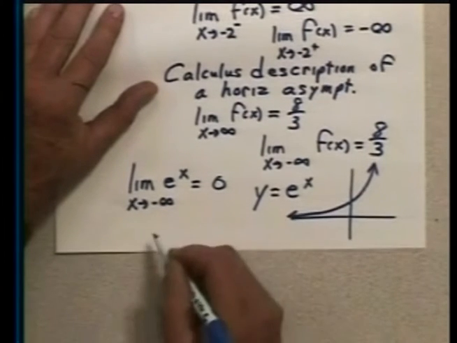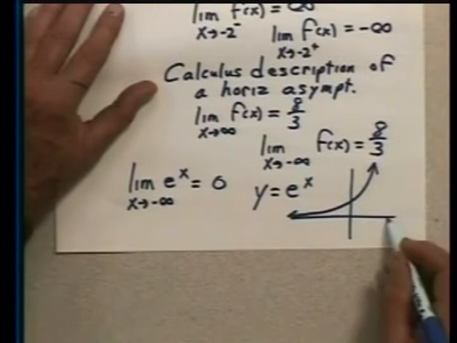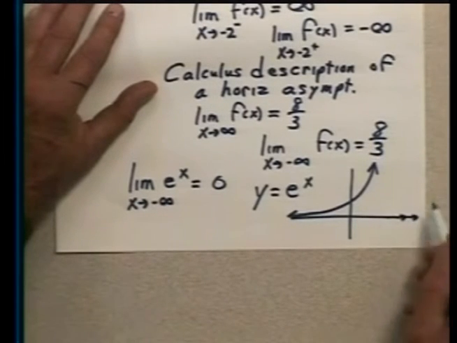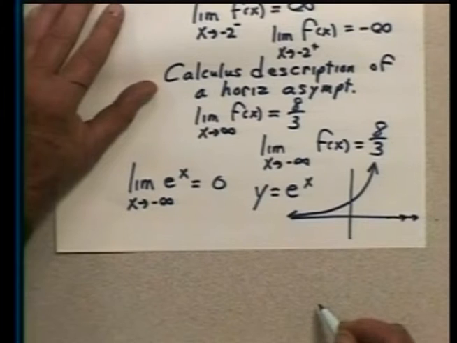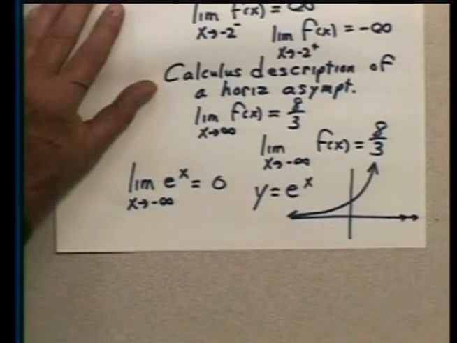What would be the answer if x approached infinity? Well, the further you go to the right, what does the graph do? Yeah, the limit of e to the x as x approaches infinity is infinity, because it just keeps increasing. Okay, can you get with that language how it describes asymptotes in terms of limits?